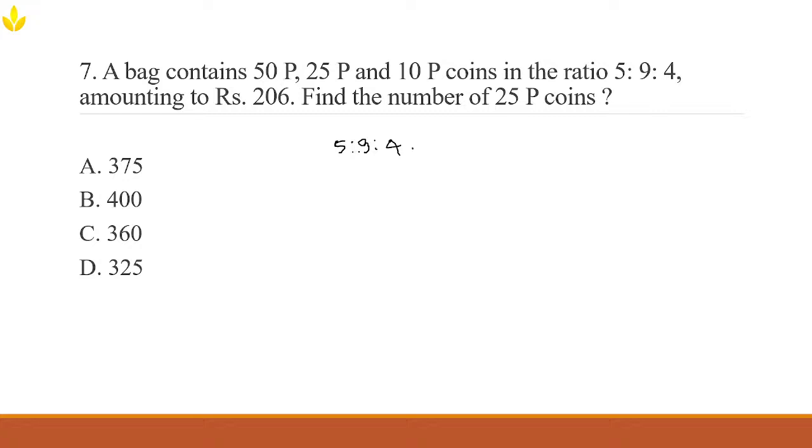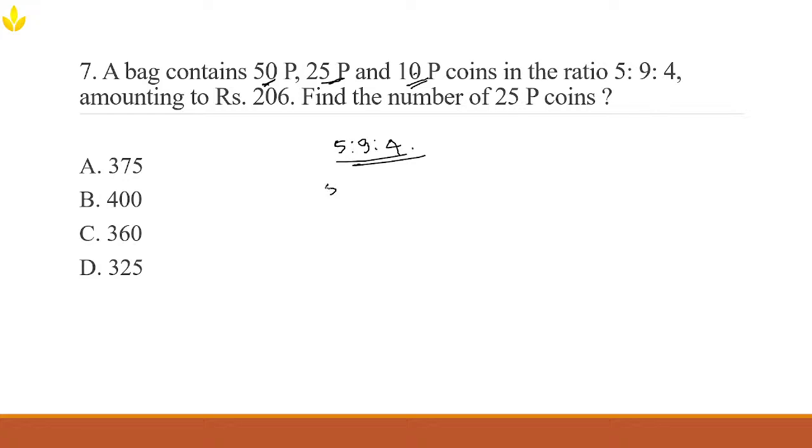So for the actual value, when we take out a ratio, there is some common factor which we are taking out from it. So if we put back that common factor, we'll get the whole product, the total of 50 paise, 25 paise and 10 paise respectively.